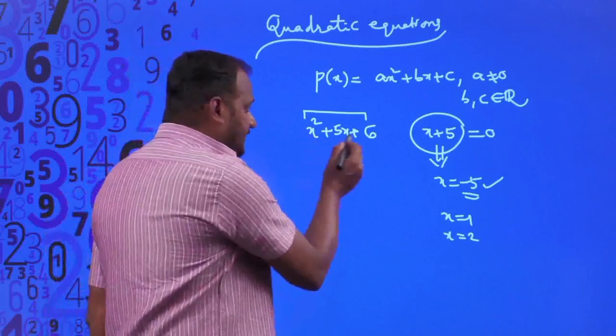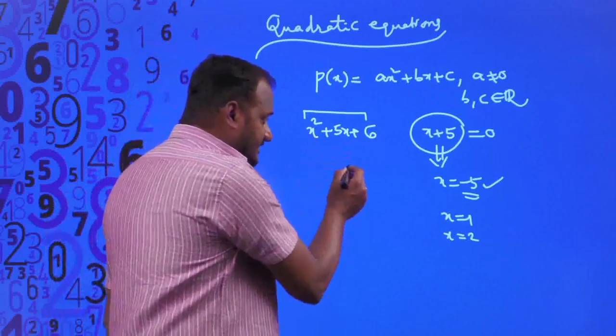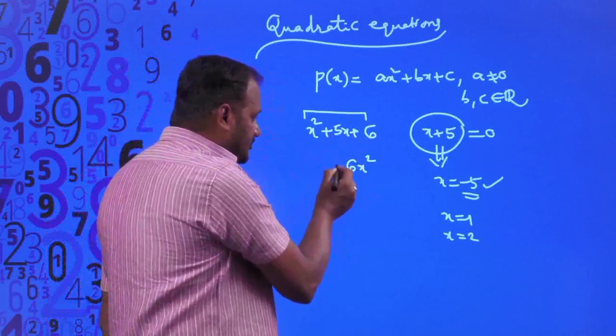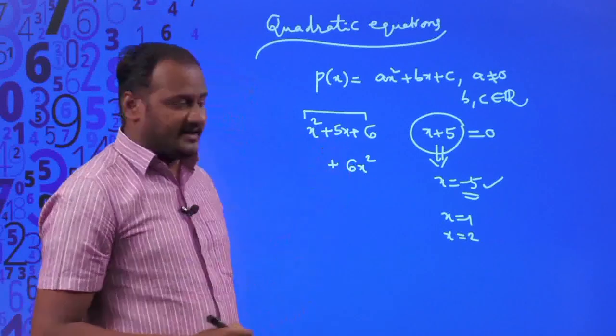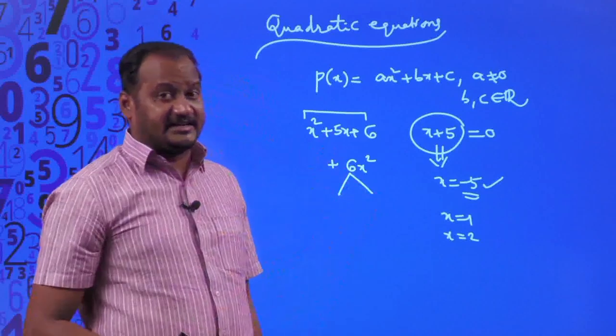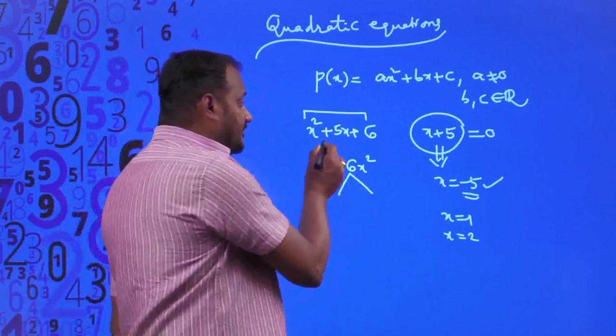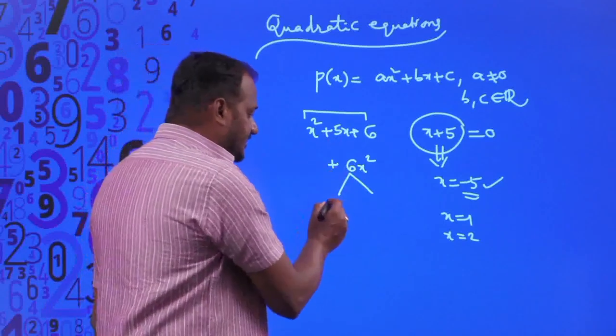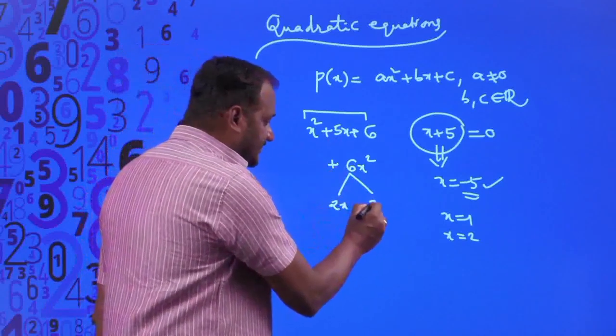Since the product of x square and 6 is 6x square, and this is positive, so positive 6x square. Now we split this into two terms such that the sum of the two factors is going to be positive 5. Therefore, the factors of 6x square are 2x and 3x.